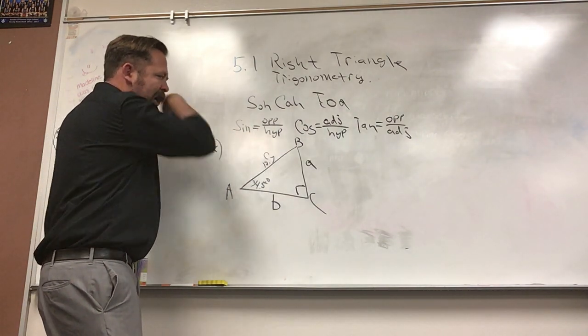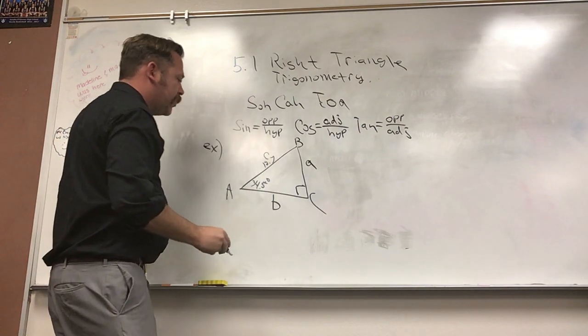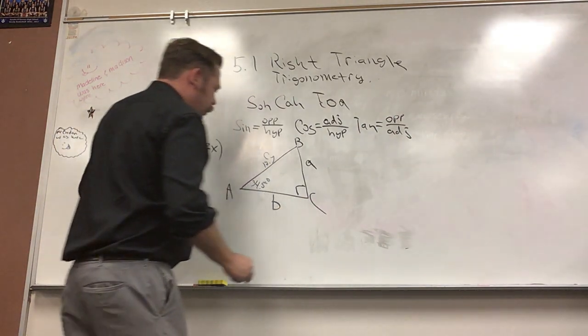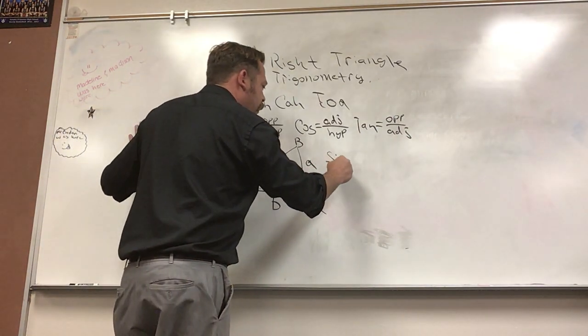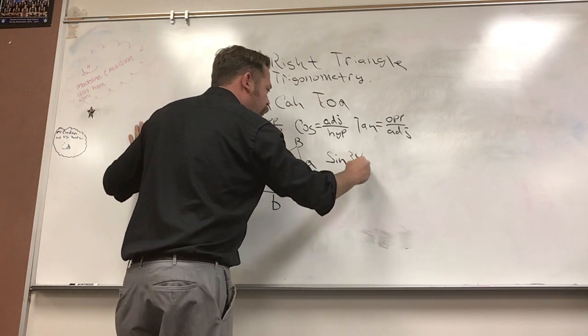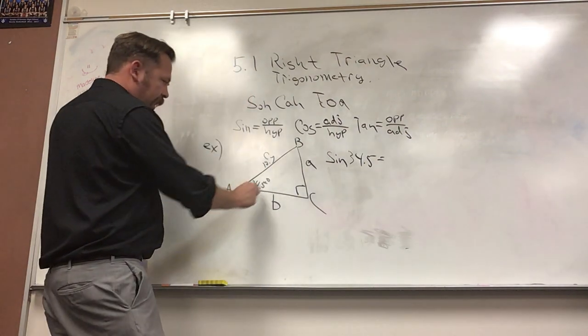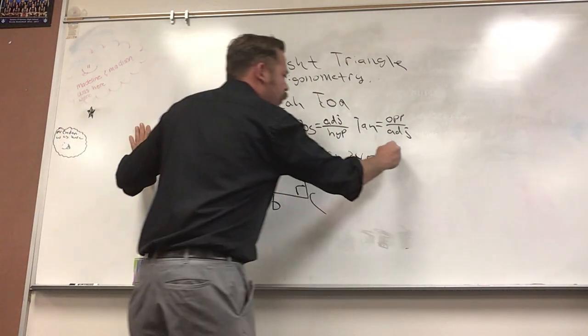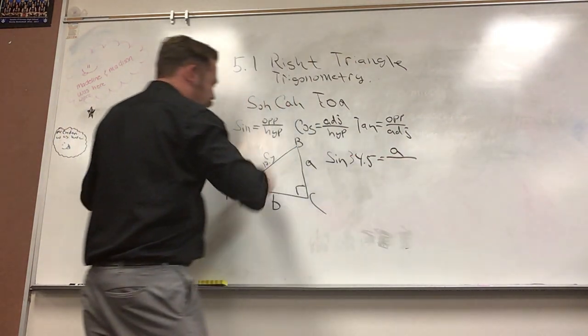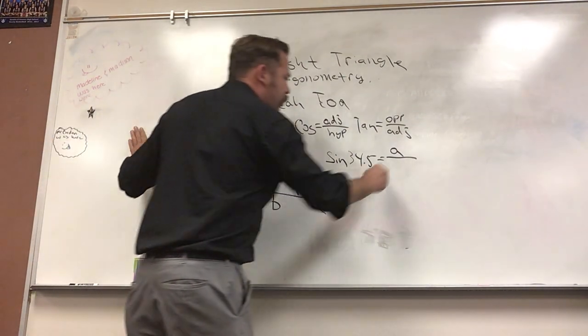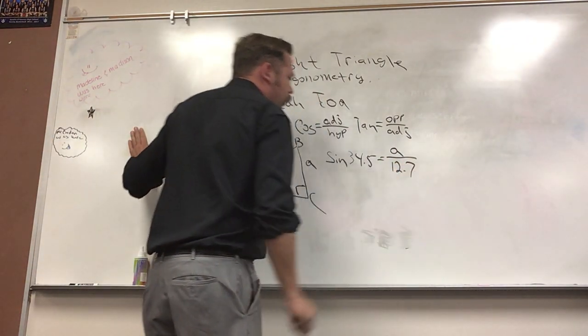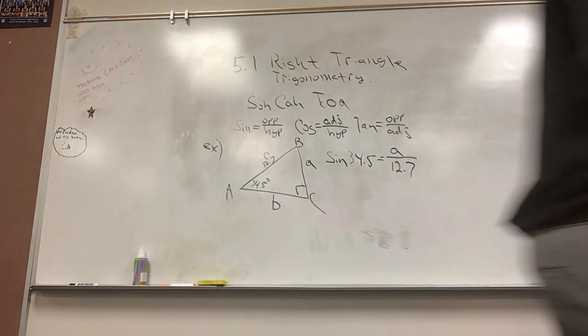See how sine has to do with opposite over hypotenuse? So we say sine of 34.5 equals the opposite from that angle, which is a, over the hypotenuse's length, which is 12.7. And that sine of 34.5 is just going to be a number.